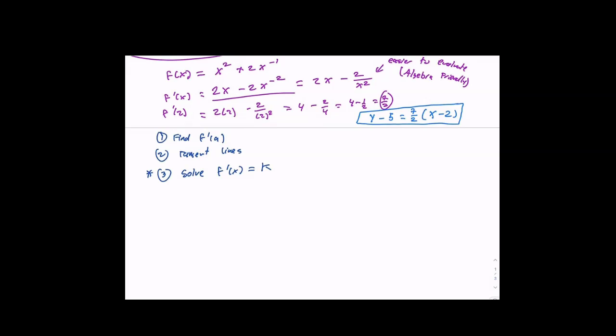Solve f prime of x equals k. What I mean by that is you're going to solve for the x value when the function has a specified slope.